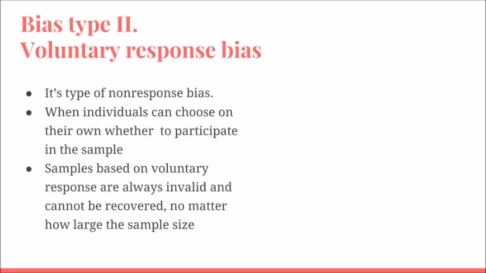In voluntary response bias, the sample fails to represent the entire population. So no matter how large it is, the result is still invalid, since a large sample doesn't mean the data is accurate and correct. Voluntary response bias is very common and often occurs in various situations.